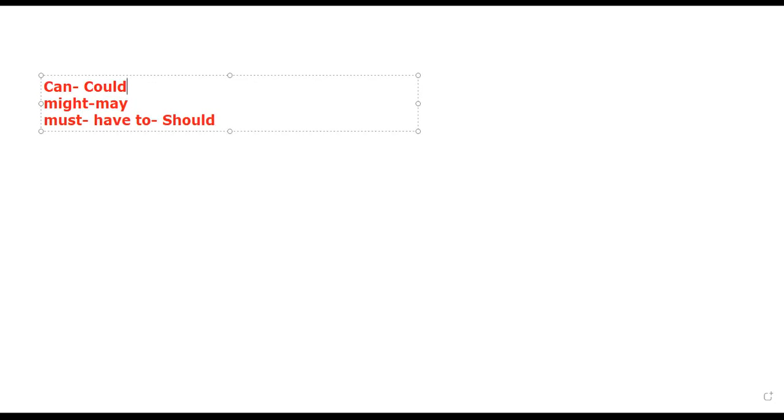Okay, so can and could are used to talk about abilities. May and might are used to talk about possibilities.